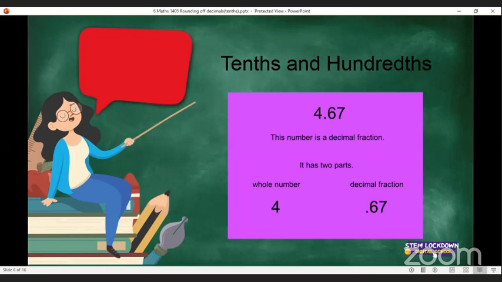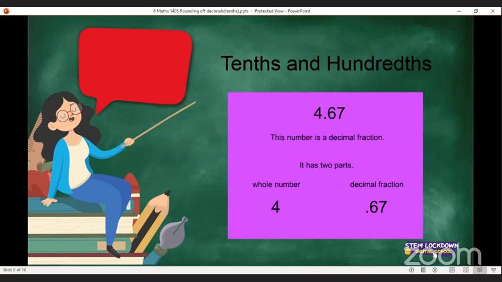All right, so here we have 4.67, right? So this number is a decimal fraction. It has two parts. The whole number is 4, and the decimal fraction is 0.67. If it were in fraction form, it would be 4 and 67/100.